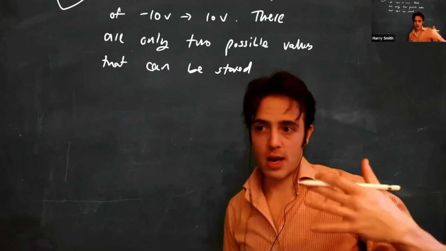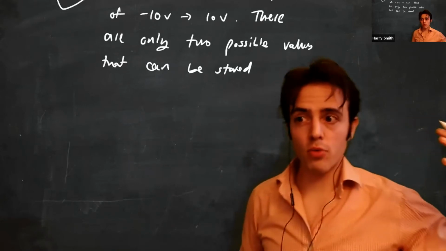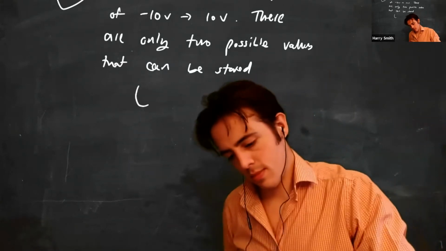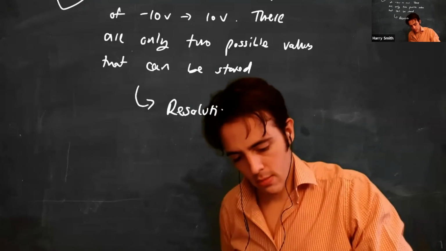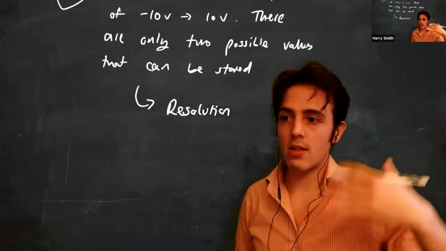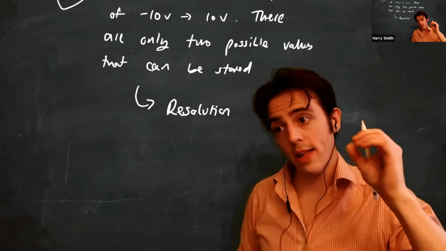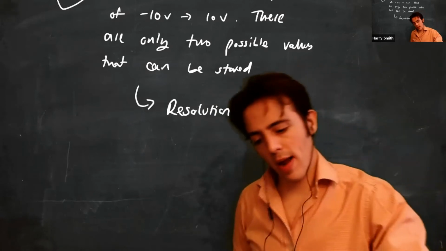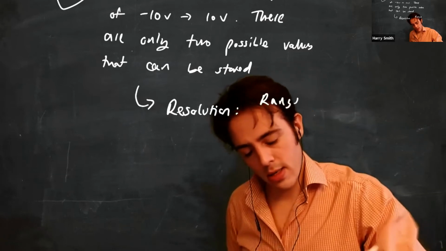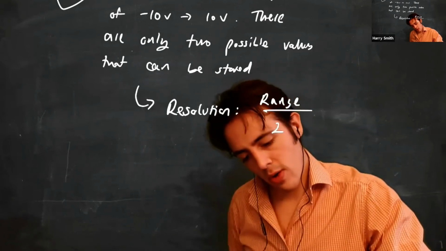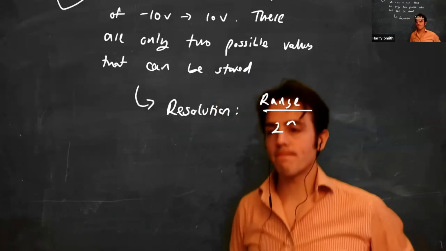So we introduce the concept of something called resolution, which is the smallest change that an ADC can actually meaningfully separate. This is equal to the range divided by 2 to the power of n.